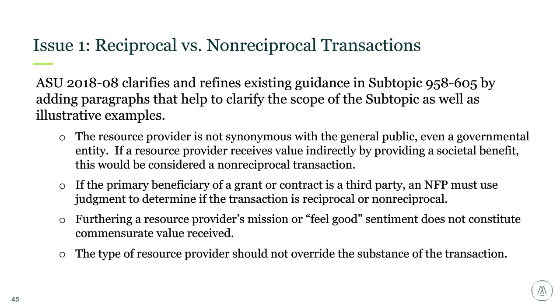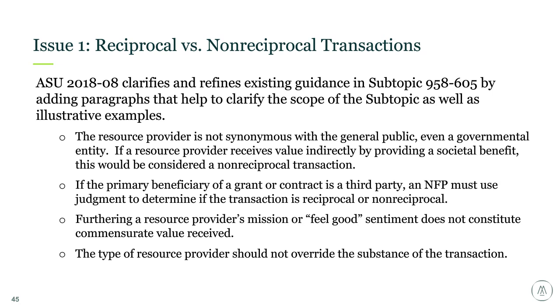So even though the governmental entity may be giving funds that is benefiting the general public as a whole, that governmental entity then is not receiving direct value. If the primary beneficiary of a grant or contract is a third party, then make sure that you're using some judgment determining whether you have an exchange transaction or not.